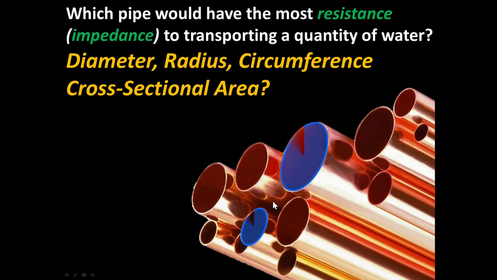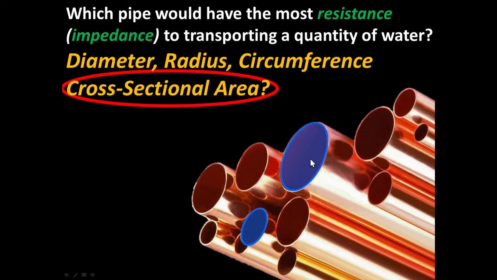So if I look at, say, these two pipes here, if this pipe here was twice the diameter of this pipe, would it have twice as much resistance or half as much resistance? That's what it would be if it was a variable related to the diameter, the radius, or the circumference. Turns out it's going to be related to the cross-sectional area, because if this had twice the diameter, it would actually have 4 times the area of this one.